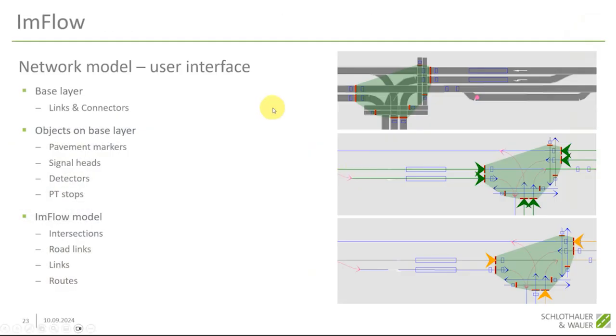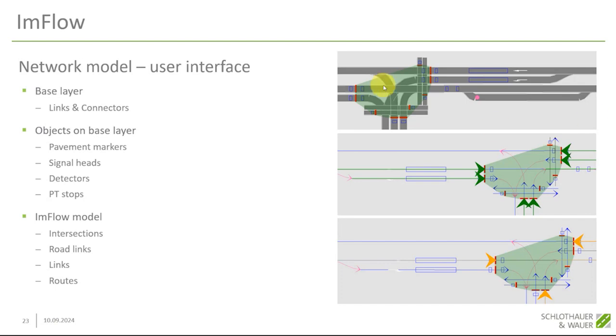Which tools do we have in ImFlow for the realization of a control? First of all, to do the basic configuration for an ImFlow control, we can either use Lisa for the basic data, introducing signal groups and some basic geometry. Then first or second step is usually creating a simulation network in Vissim.